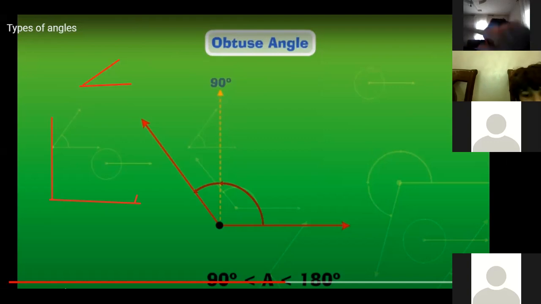Wait, I'm sorry, it's obtuse angle. This is the right angle. And the last one, Muhammad, this one is obtuse angle, bigger than 90. Look at the mouth of the fish. It's bigger than this one. You understand me?